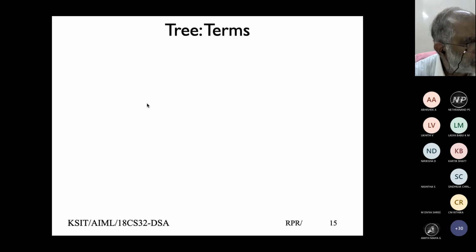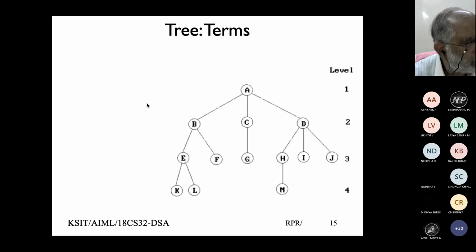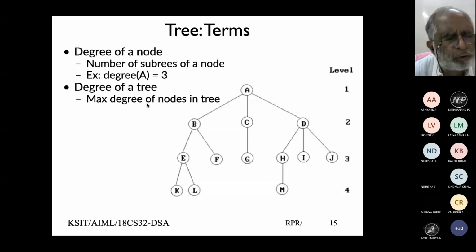Then we looked at the different terms. We had the degree of a node, which indicates the number of subtrees that node has. For a leaf node, since there is no subtree, the degree would be 0, but the degree of other nodes would be how many subtrees that node has.